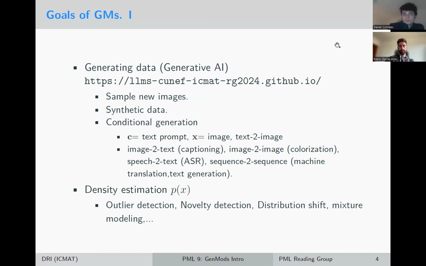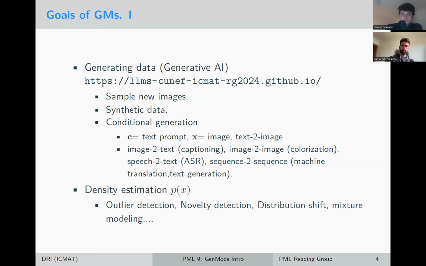We had a summary of generative artificial intelligence, more specifically on transformers and LLMs and a number of issues related with them. There's a bunch of material similar to what we are doing, in a shorter version, at this site. And things that we can do from this is sample new images.